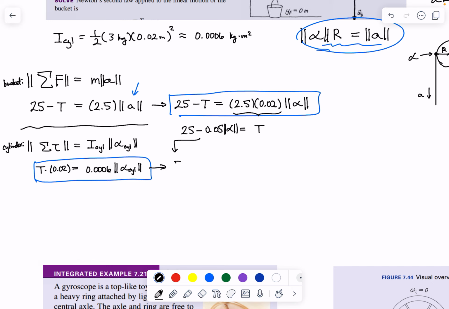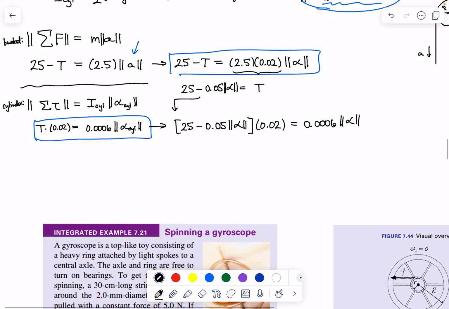So we get 25 minus 0.05 times alpha. That's substituting in for T. We have 0.02 is equal to 0.0006 alpha of the cylinder. Oh, I guess we don't need to write that anymore. Just alpha. 0.0006 divided by 0.02 is equal to 0.03.